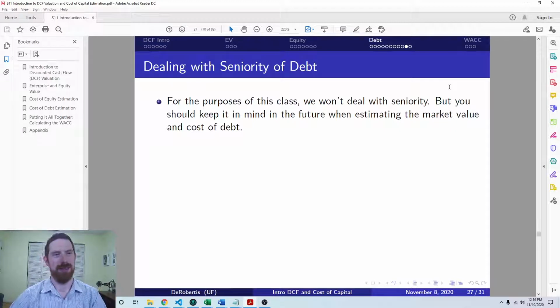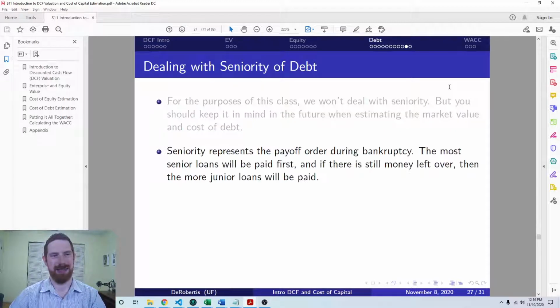So seniority is the concept that when the company goes bankrupt, and they're liquidating the assets, there is an order in which the different debt holders get paid off during this process. So debt holders get paid before equity holders, essentially always. You pay off all the debt holders, and then if there's anything left, it will go to the stockholders.